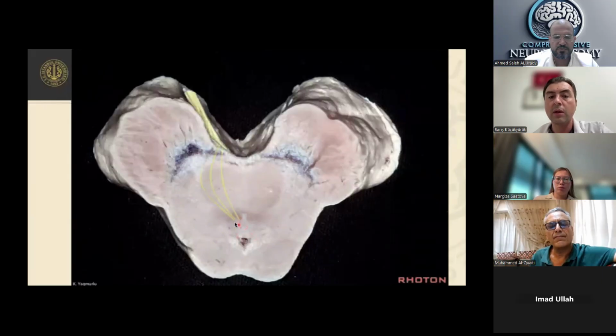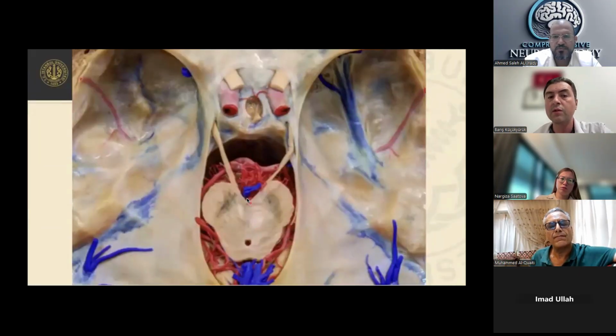From the oculomotor nucleus, the third nerve begins as the intramesencephalic segment, and then goes into the interpeduncular cistern as the cisternal segment of the third nerve. During its course in the interpeduncular cistern, the third nerve goes anteriorly and from medial to lateral to reach the skull base.